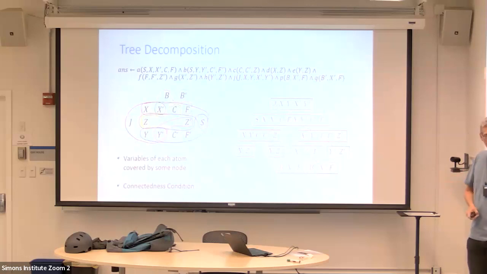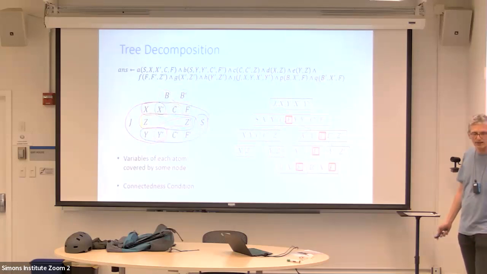And again, we have the connectedness condition, that the nodes which contain a certain variable in their bag must be connected, like X or F here, so we don't need to check the others.